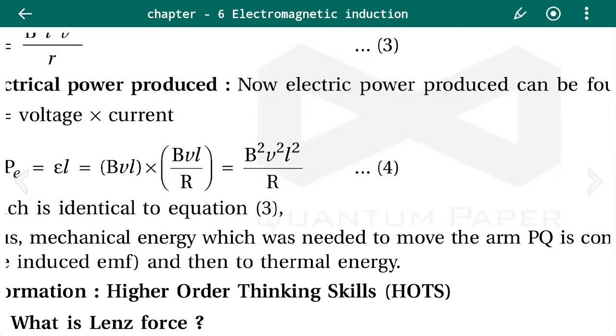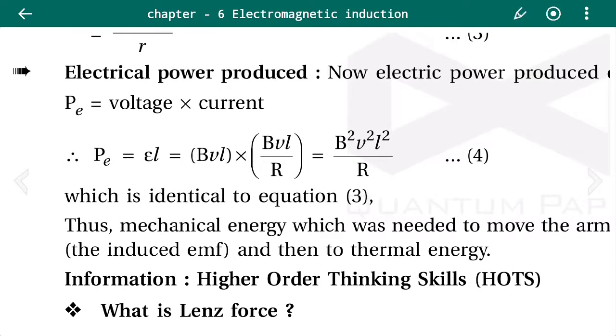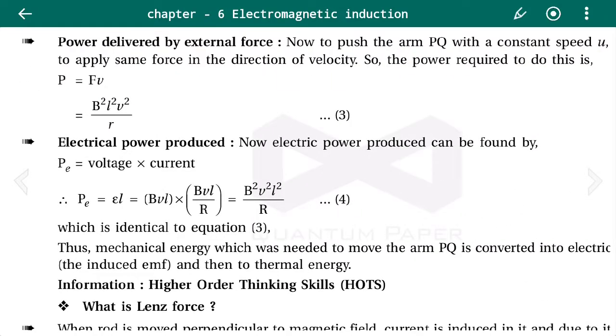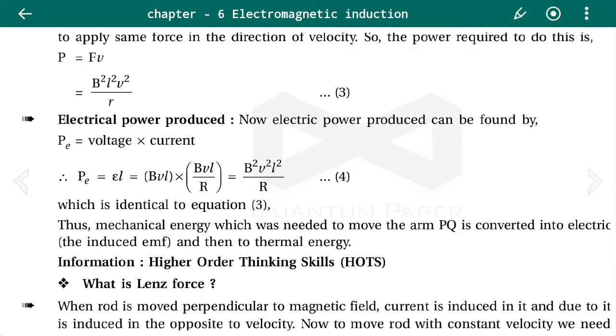So it equals B squared v squared L squared upon R, which is identical to equation 4. So you can see equation 3 and equation 4 are identical.